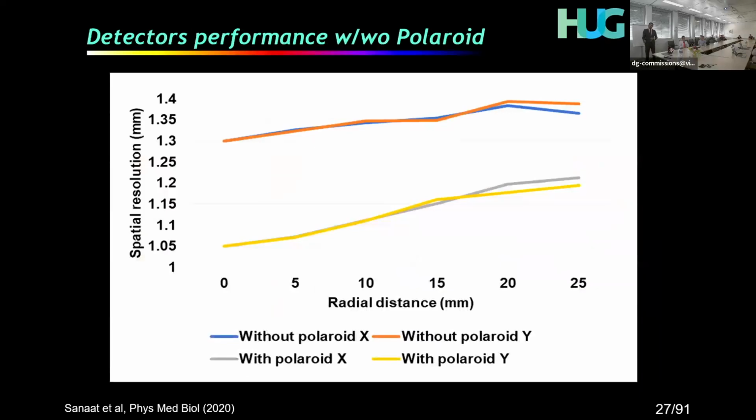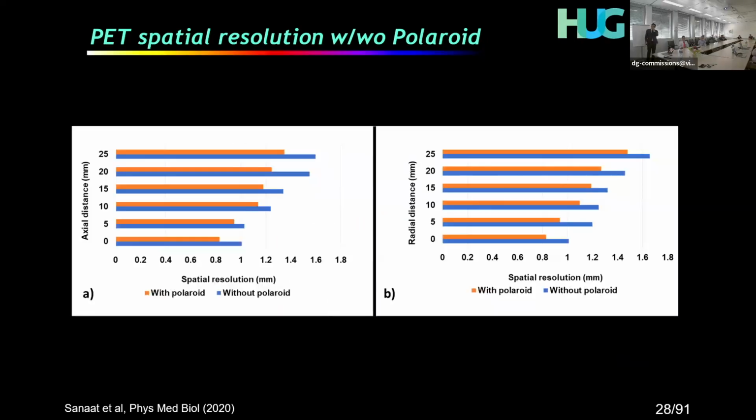So here we also calculated the difference between the detector without Polaroid and with Polaroid, and you can see when we are using Polaroid, the spatial resolution improves significantly. We also use the same detector in our preclinical PET scanner, and you can see the spatial resolution improves in the presence of the detector with Polaroid.